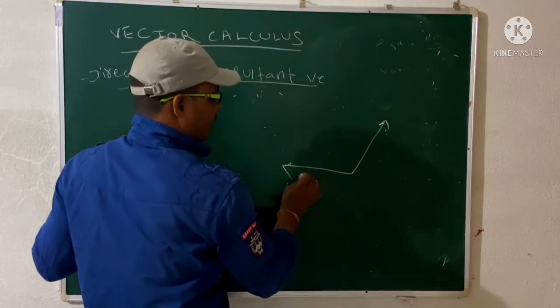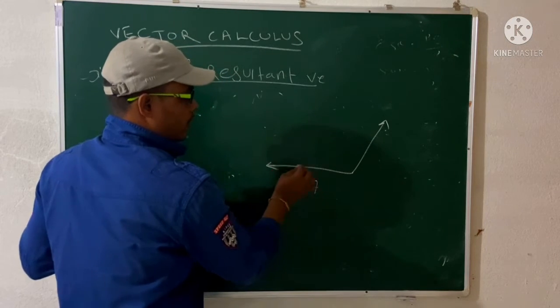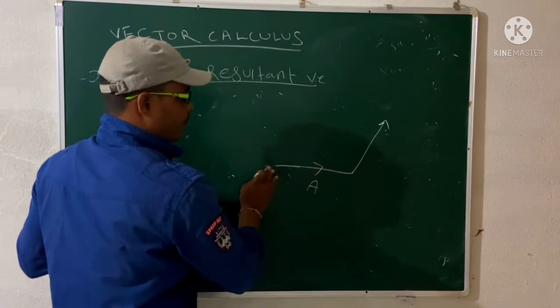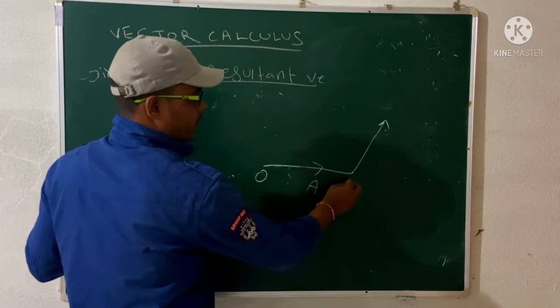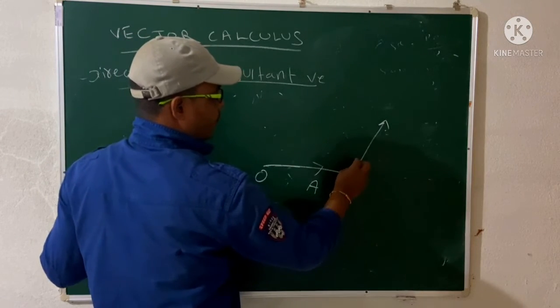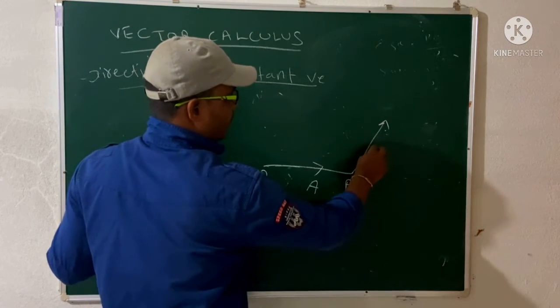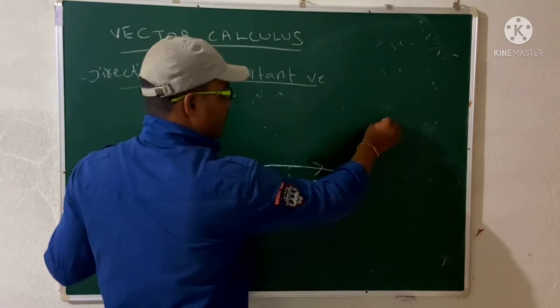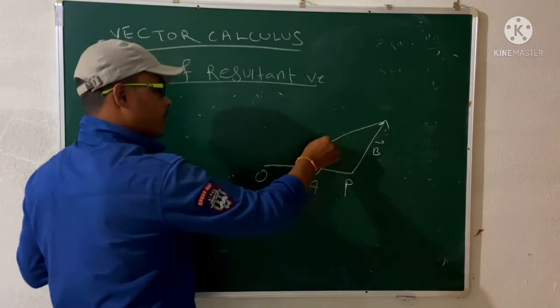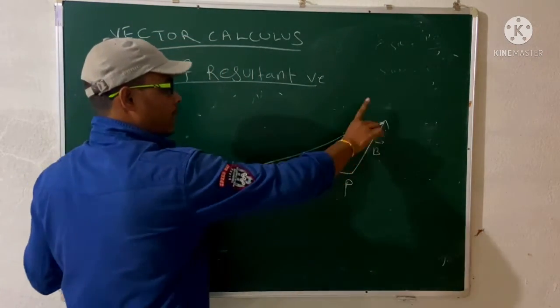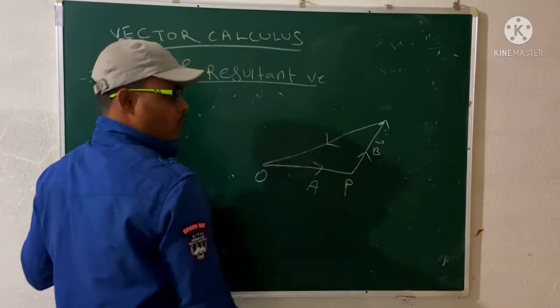This is the A vector, and remember the A vector direction and the B vector direction. This is O and this is P, then this is the B vector here. The A vector and B vector directions are the same, and the resultant is opposite.